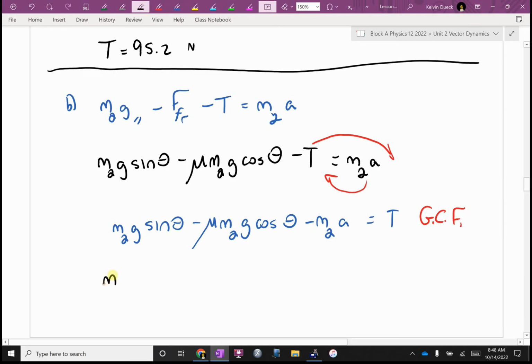So it's going to be M2 bracket G sine theta minus mu G cos theta minus A. Why M2, Mr. Dewick? Why did I put that in? That equals tension.